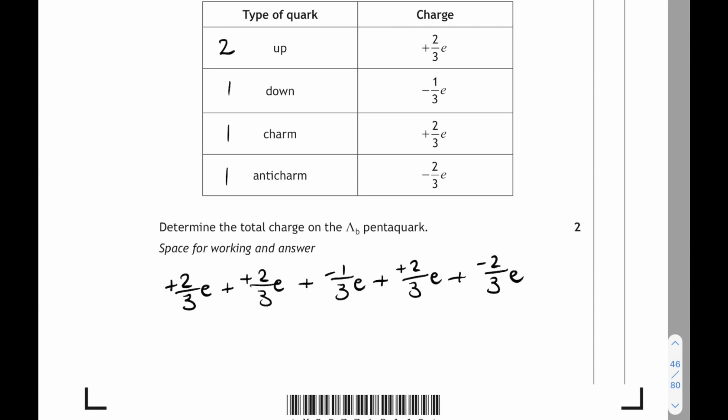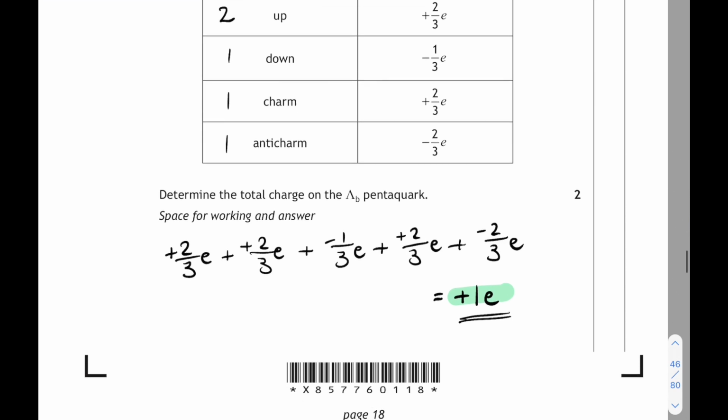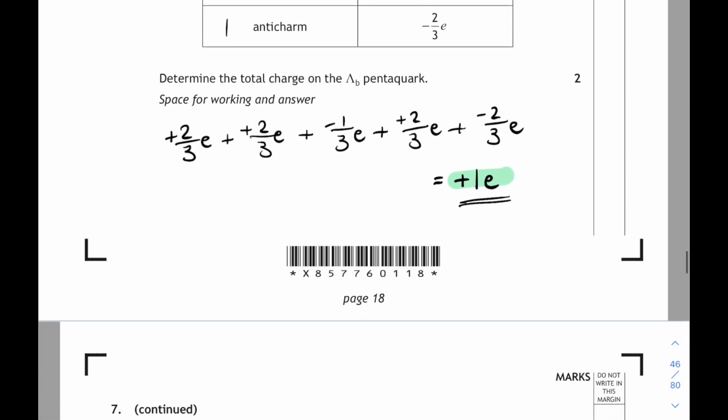And then all of them added together, 2 plus 2 is 4, minus 1 is 3, plus 2 is 5, minus 2 is 3/3 E, which is plus 1 E. So the charge on a pentaquark would be equivalent to the charge on a proton. Interesting stuff. Now let's move on then.